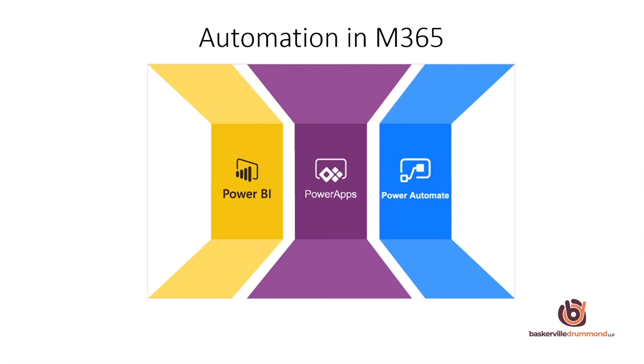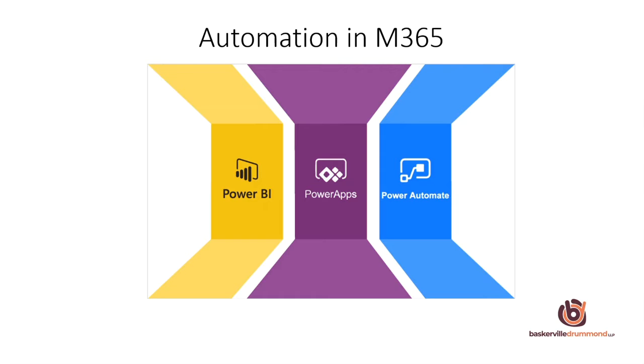There's Power Apps that allow firms to create their own applications that can be pushed out to users via smartphones or via the desktop. And Power Apps takes what we call a low-code, no-code approach. So in actual fact, to get started with Power Apps, you need very little development background experience.